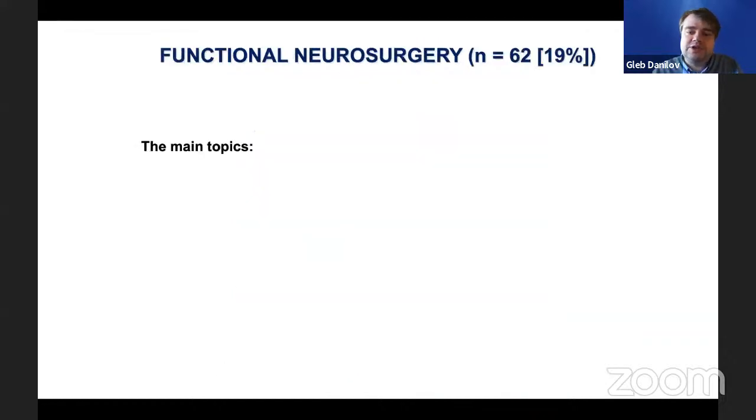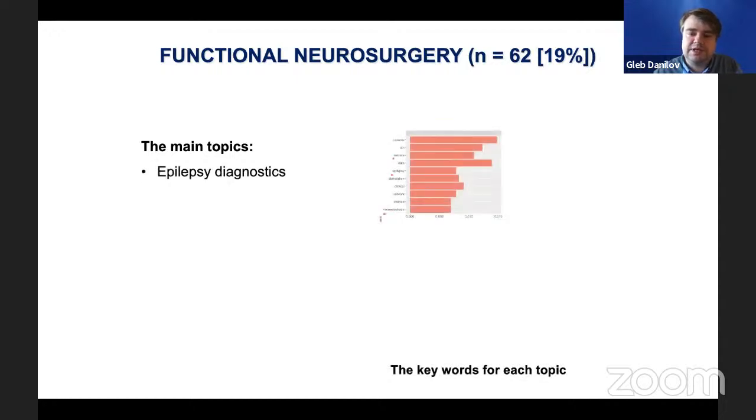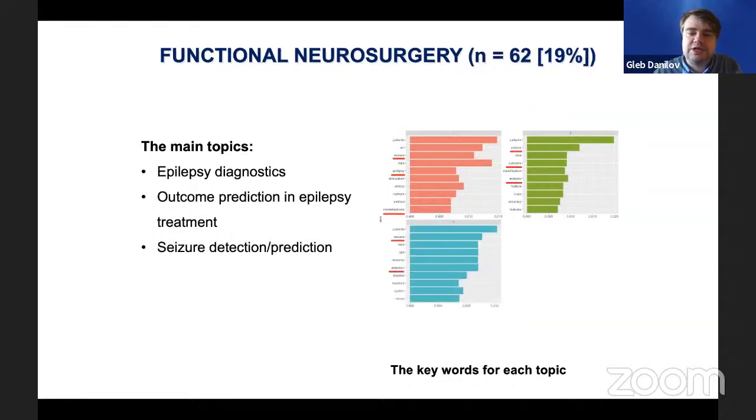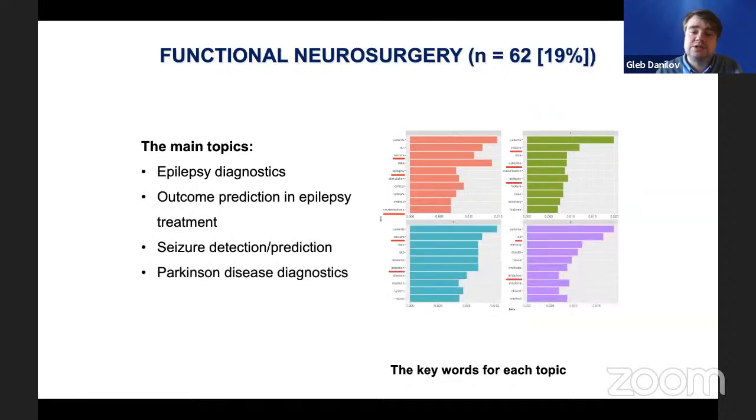Let's turn to functional neurosurgery. In functional neurosurgery, epilepsy diagnostics, outcome prediction, automated seizure detection, and Parkinson's disease diagnostics were the main issues in using artificial intelligence. And in this field, EEG, electrocorticography, biosensors, in addition to magnetic resonance imaging, became very important data sources.